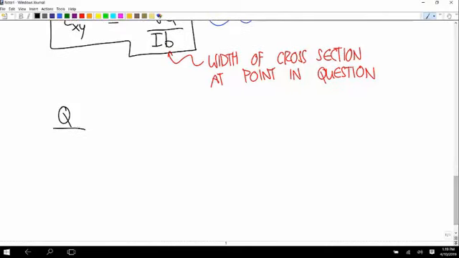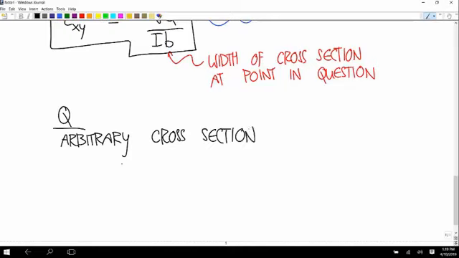Okay, so let's say that we start with an arbitrary cross section, and we're imagining the beam extends back into the page. If we had a cross section like this, we don't have any techniques that would accurately calculate the stress, but this mathematical thing Q still has a meaning for this.